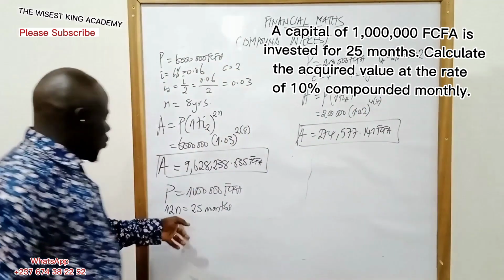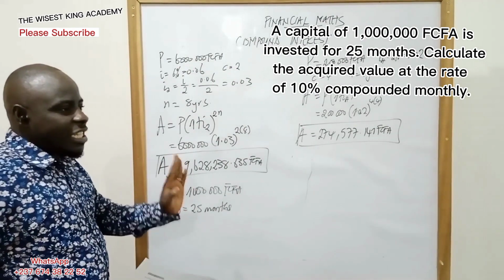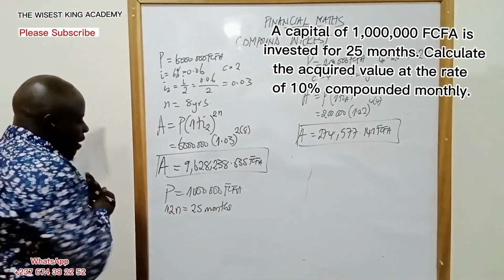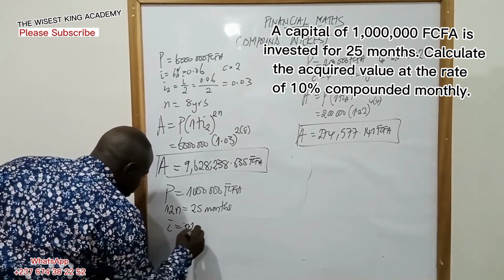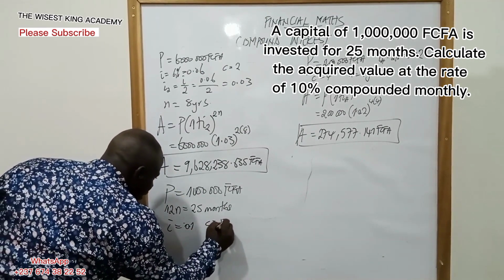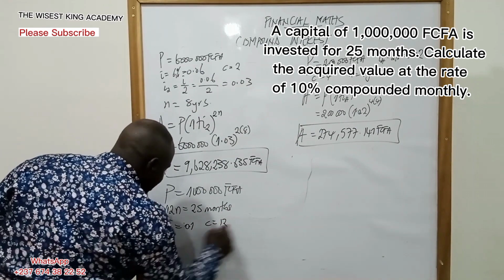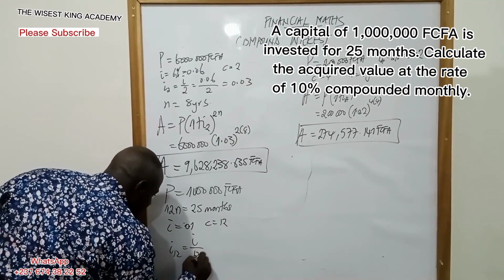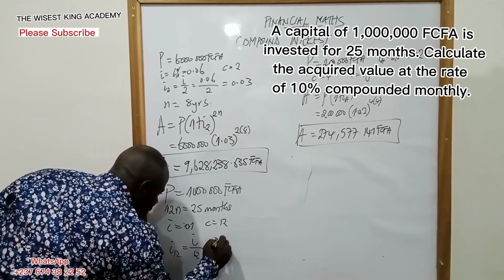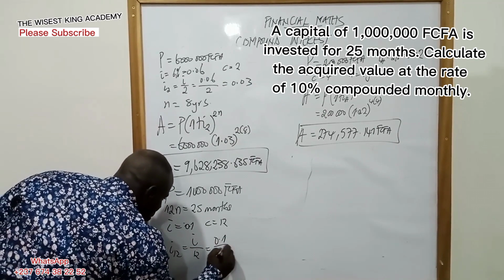So that is what it has already been given here, detailed. They are given an annual interest rate, I, 0.1. Though compounding is done monthly, so we need to calculate I12, which will be I divided by 12.